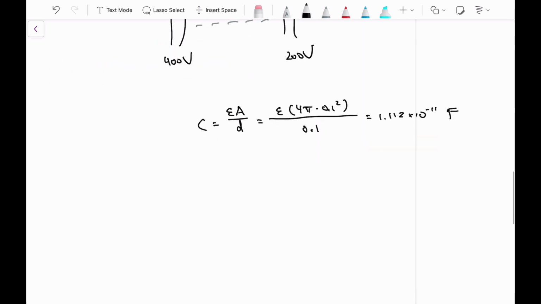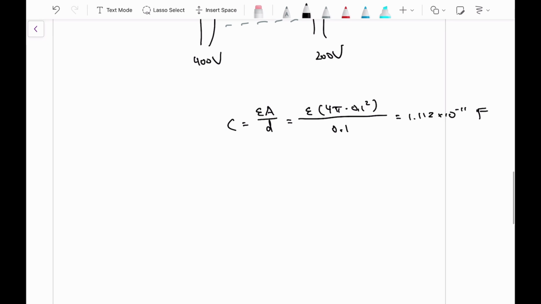So, okay, now what we know for capacitance is that the energy stored by a capacitor is equal to a half CV squared. This is the energy stored by a capacitor.